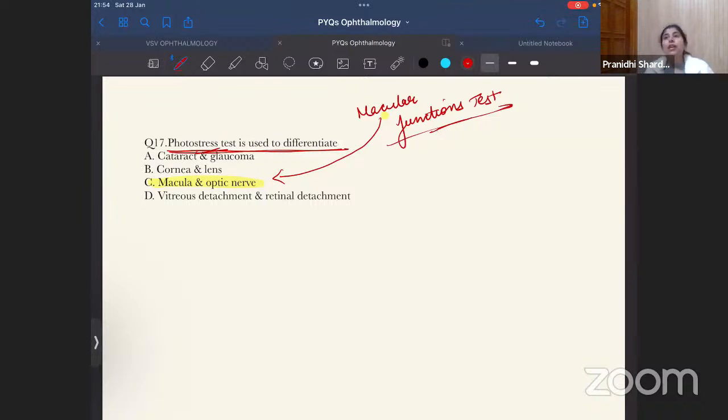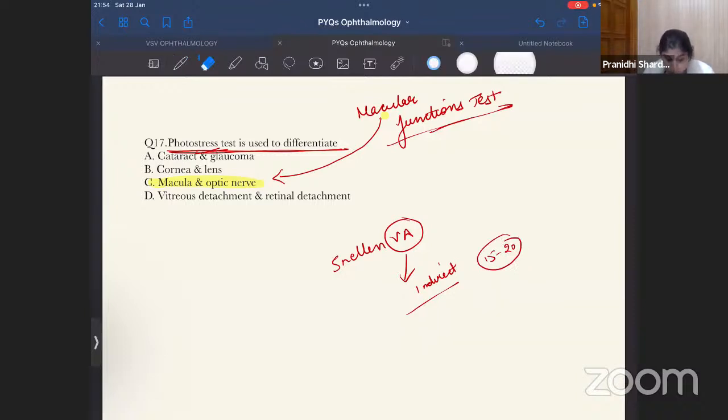What we are going to do is we'll ask the patient to read the Snellen chart from 6 meters, and record the normal Snellen visual acuity. Then we will stress his photoreceptors by showing a bright light, like the light of an indirect ophthalmoscope, for 15 to 20 seconds, and then we'll measure the visual acuity of the patient again.